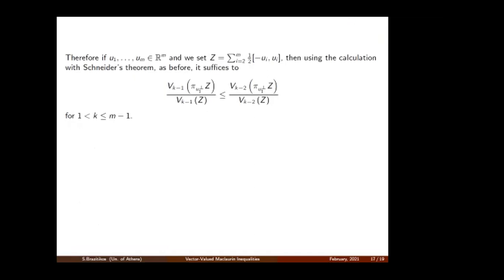And then the calculation says that the previous inequality that I wrote with the sum of wedge products is equivalent to this thing, which says that if we take this ratio here of the projection of this zonotope to u_1 perp over the intrinsic volume of the zonotope, then this ratio is decreasing.